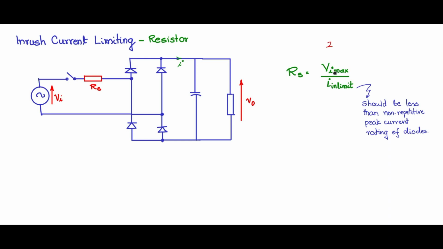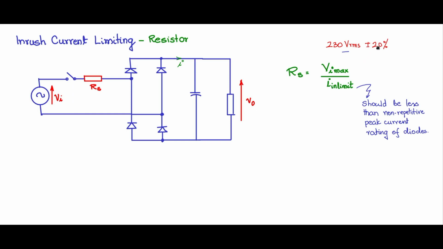Now with respect to Vi, what to choose? See, the input voltage is 230 volt RMS, that is the nominal value, but it has a tolerance of plus minus 20% in most places. But this plus minus 20% tolerance is a standard number, and it can go to much higher degrees of tolerance at different places.